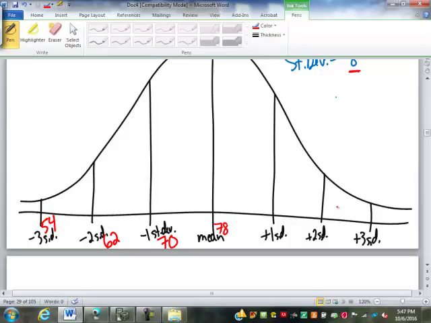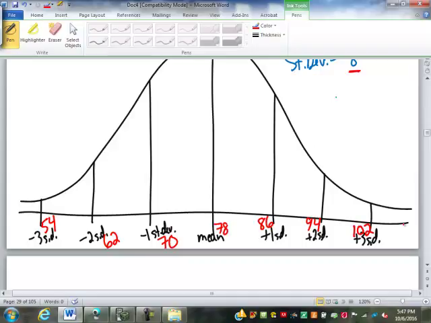Going the other direction, I'm adding a standard deviation. So starting at the mean of 78, if I go up a standard deviation, I'm adding 8, which would be 86. Adding another 8 would be 94, not 96. And adding another 8 would be 102.